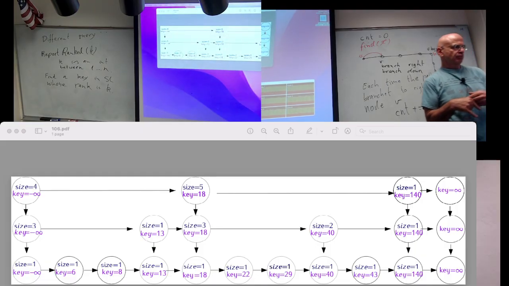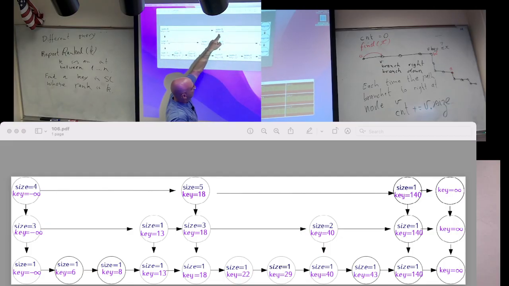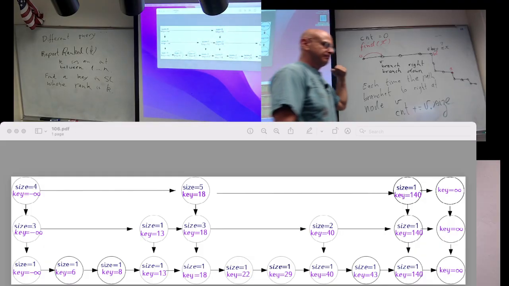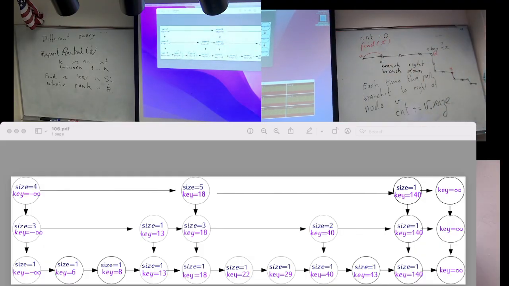If I go from here to the right, it means I'm jumping over four keys, maybe 1, 2, 3, 4. I jump over 4 keys that I have no way to retrieve. They are back in the past. You don't know which key you're searching for, so I cannot go back to them. So if I'm looking for the third largest key, then my path from this element should go down.